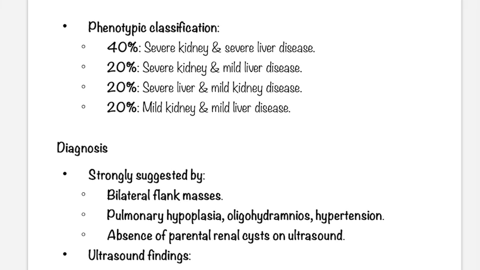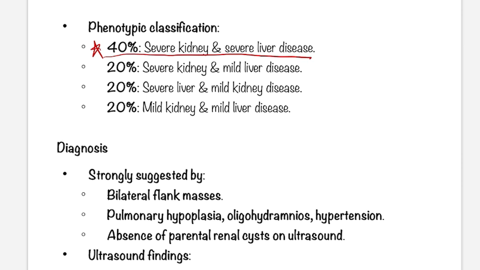Phenotypic classification, as we know: 40% have severe kidney and severe liver disease, and others are combinations of these. So the severe disease is more common. How will you diagnose autosomal recessive polycystic kidney disease? This is mostly a clinical and ultrasonographic diagnosis. How will you suspect this?